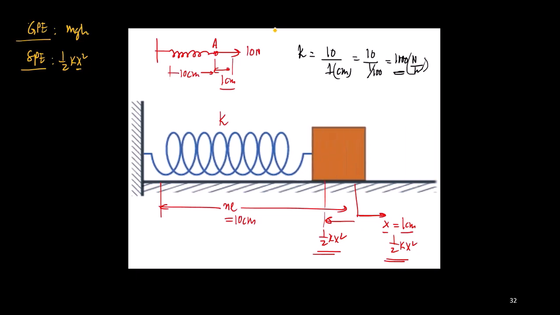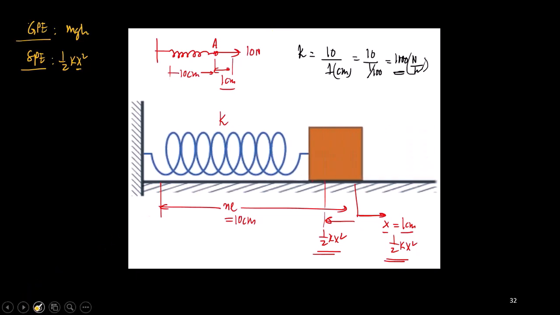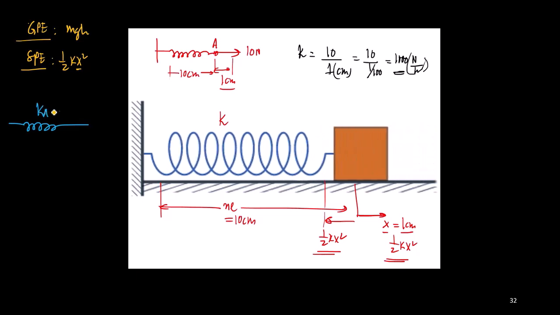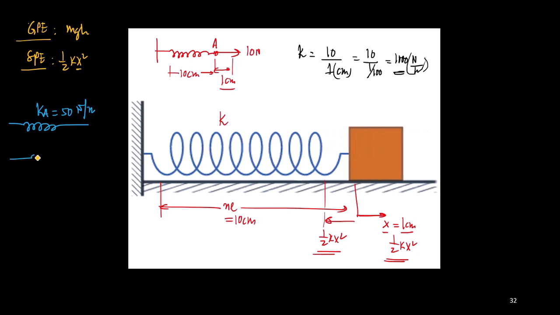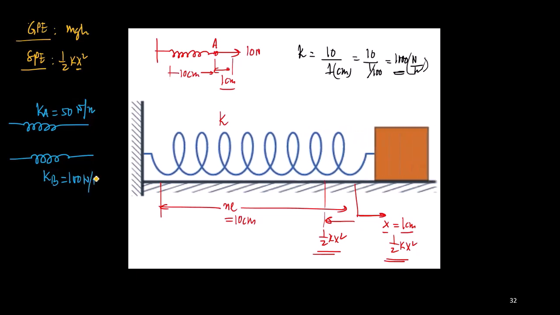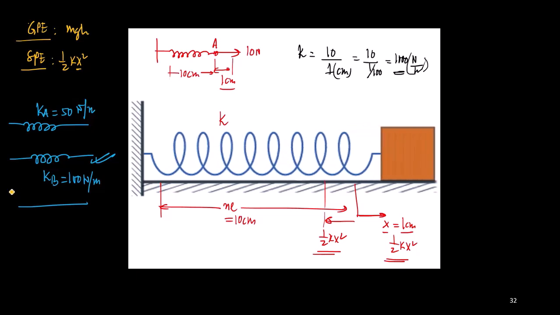So two different springs have different values of k, different stiffness. Let us say there is one spring, Ka, given as 50 Newton per meter. And let us say the other spring constant Kb is equal to 100 Newton per meter. By seeing these two numbers, I can conclude that for spring B I have to apply more force compared to spring A. That means B is more stiff.